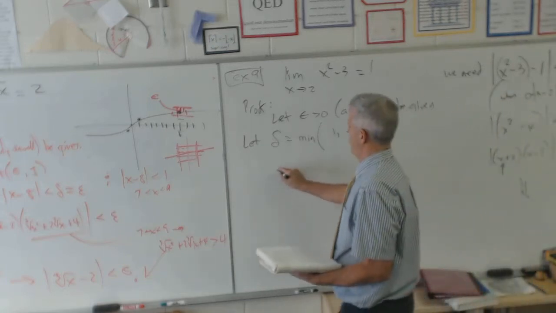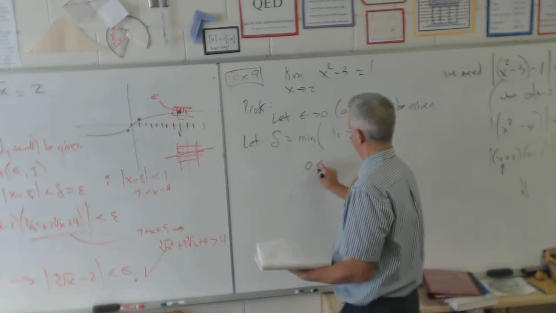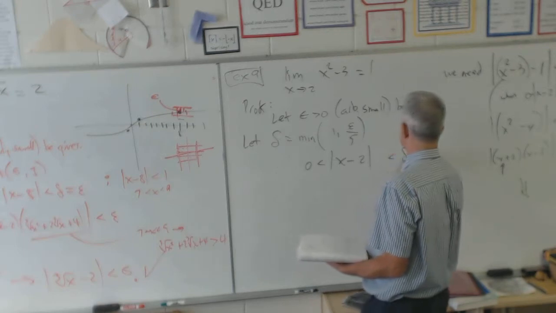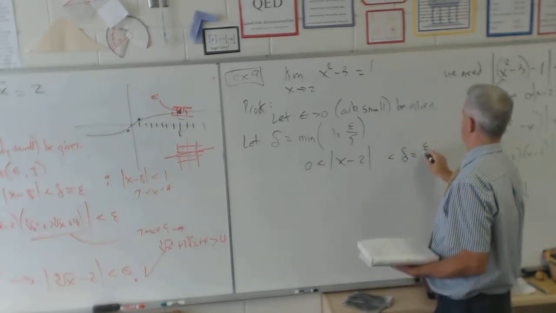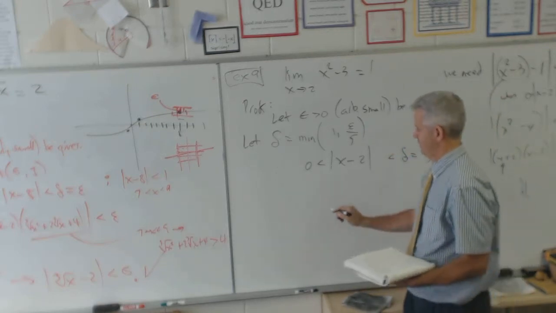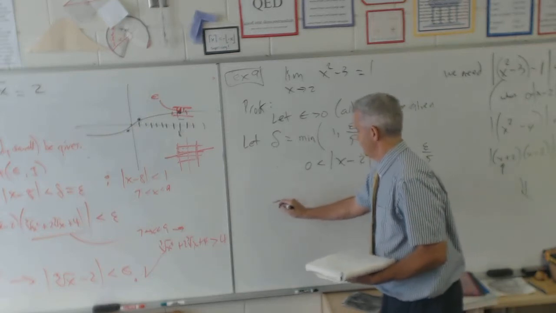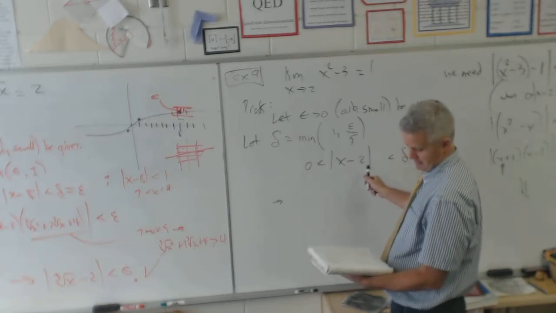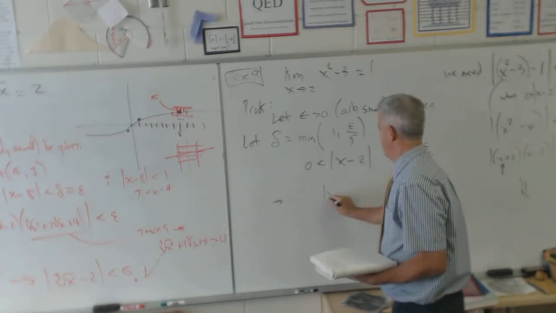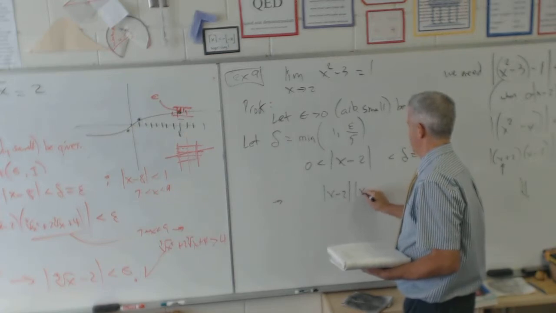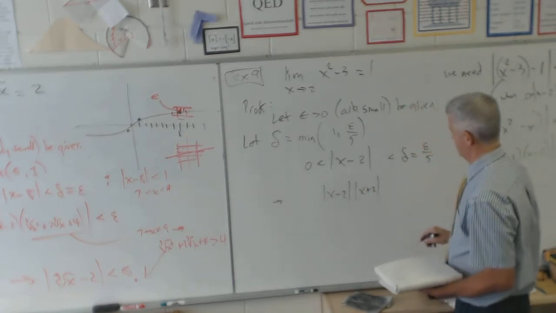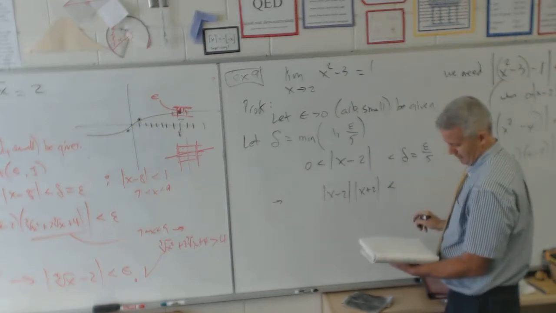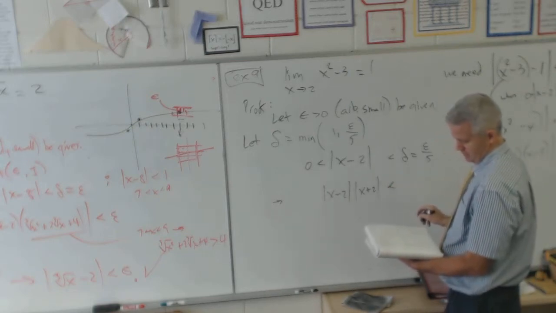Okay, so therefore, when we have the distance from x to 2 is less than delta, which is epsilon over 5, it yields... And what they do is they break this up into x minus 2, they multiply by x plus 2, and you multiply both sides by x plus 2.